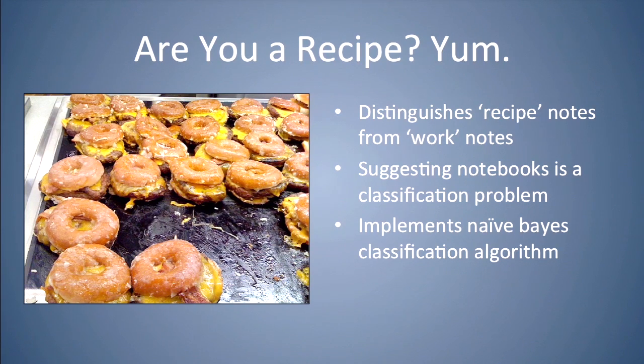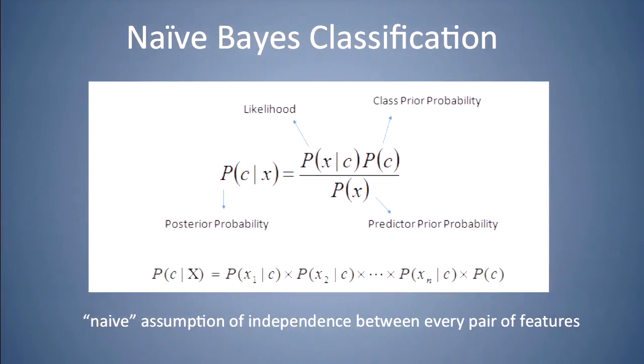That is, suggesting notebooks is a classification problem, and it implements the naive Bayes classification algorithm. I should say Evernote did use Scikit-learn. I think Evernote actually uses Java now. They have a blog post about it. You can read it later. Here is the naive Bayes classification algorithm.